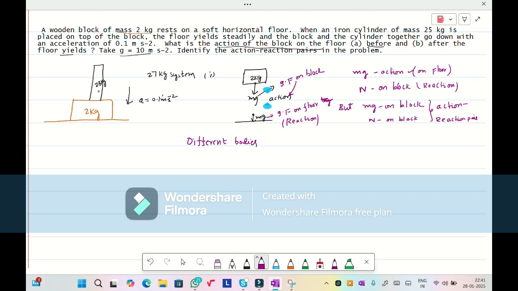And here if you take the system, the force is 27 and it is moving downwards. Therefore, ma is equal to 27 into 0.1. And mg equals 27 into 10, so mg is equal to 270 newtons.